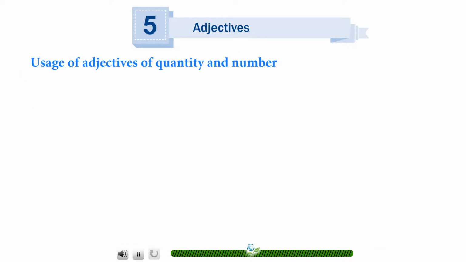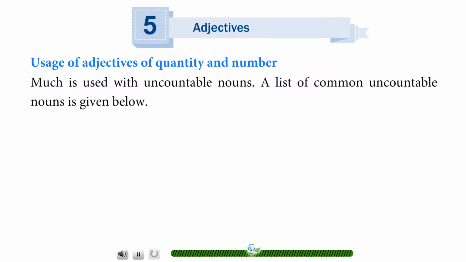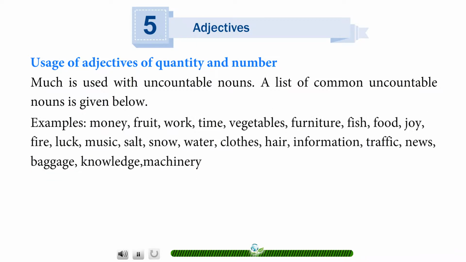Usage of adjectives of quantity and number. Much is used with uncountable nouns. A list of common uncountable nouns is given below. Examples: money, fruits, work, time, vegetables, furniture, fish, food, joy, fire, luck, music, salt, snow, water, clothes, hair, information, traffic, news, baggage, knowledge, machinery.